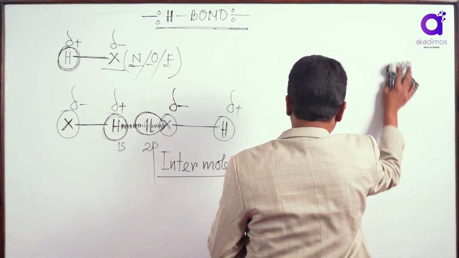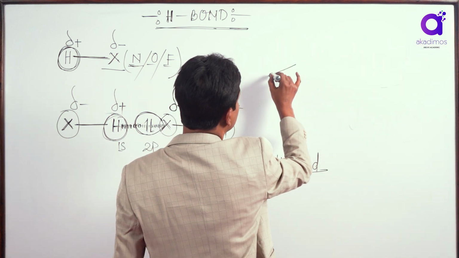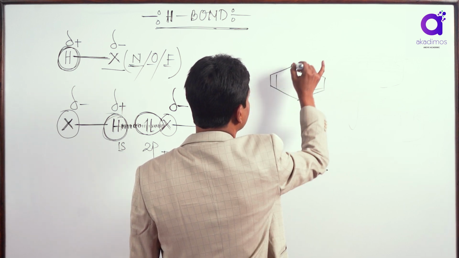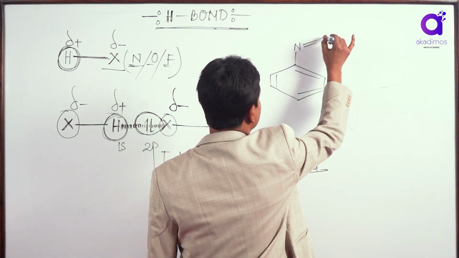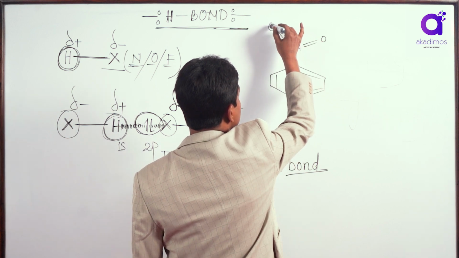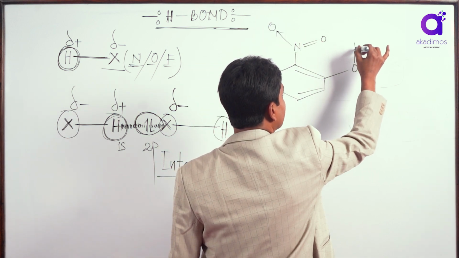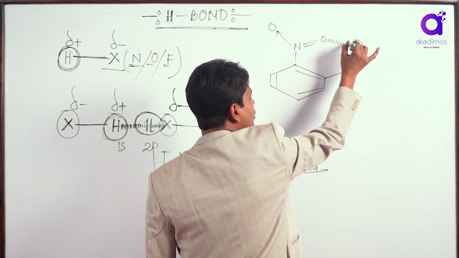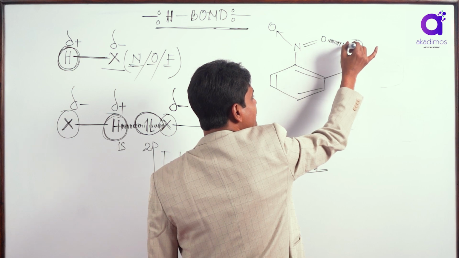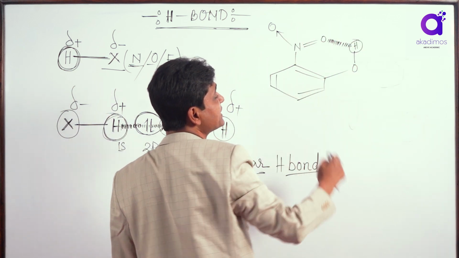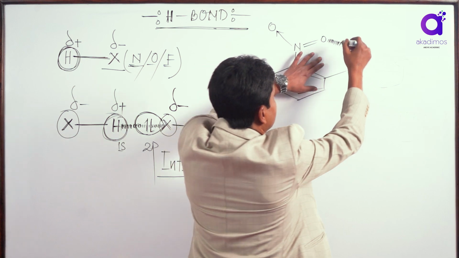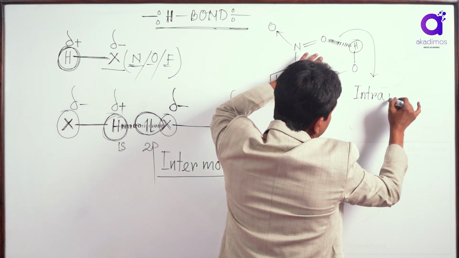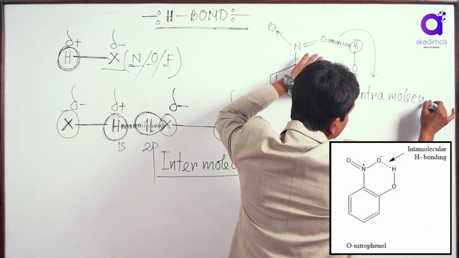I am taking an organic molecule, orthonitrophenol. See the structure of orthonitrophenol. You know orthonitrophenol. This is the structure. Phenol means OH. See, here this hydrogen will make a hydrogen bond with the oxygen lone pair. And this hydrogen bond in the same molecule is an intramolecular hydrogen bond. This is an intramolecular hydrogen bond.